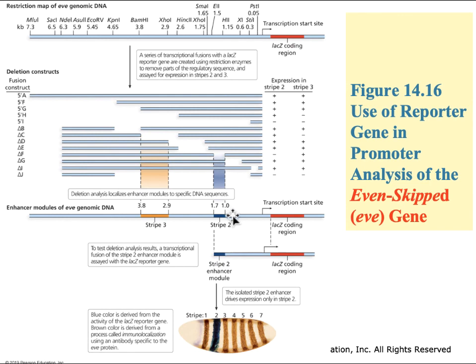So if you move this around, then you have a loss of function of the reporter gene. If you mutate this region, you have a loss of function of the reporter gene. And if you delete this region, then you have a loss of function of the reporter gene. So that suggests that this region of the promoter must be binding something that helps transcription of the normal gene.